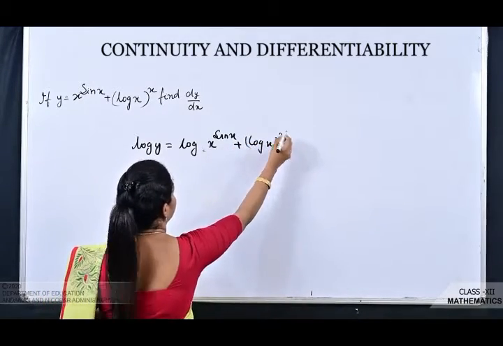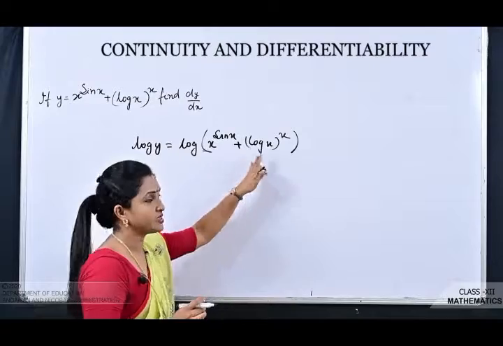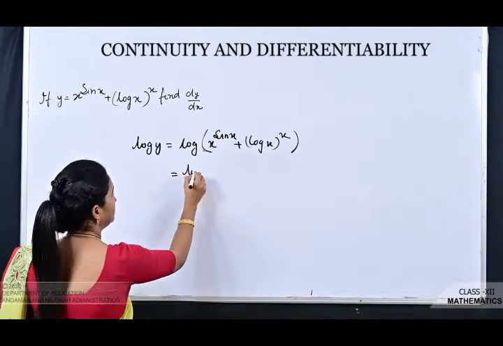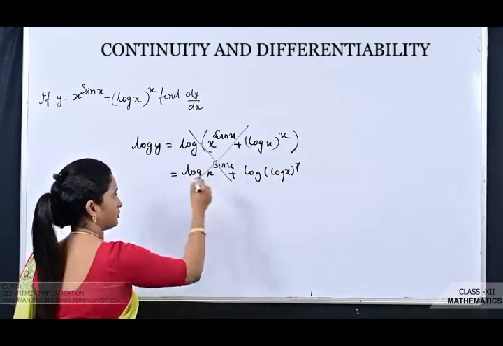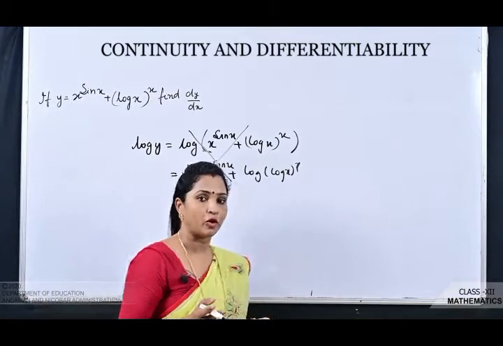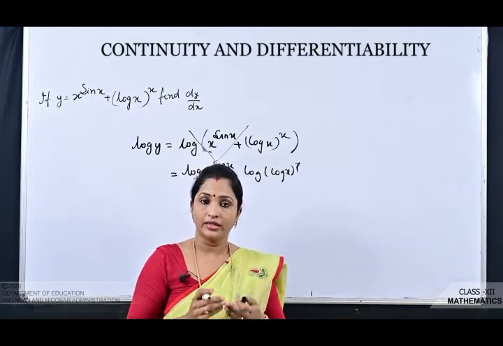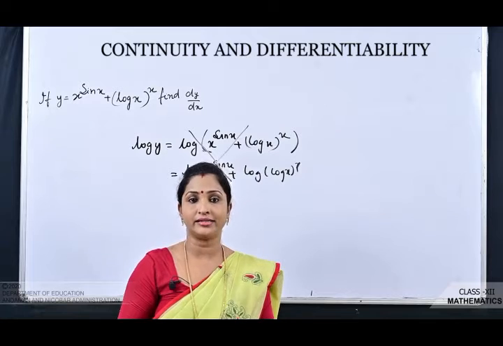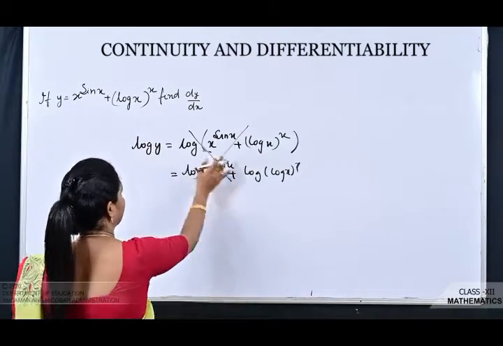Normally children make this mistake, they take log on both sides when they have more than one term, because that is what they have learned. Now if you write it as log x to the power sin x plus log x to the power x, this is wrong. Why? Because if you have two terms, log of a plus b, we don't have any property. We have log of m into n, where we apply the property log m plus log n. But we don't have a property for log of m plus n; you have to add and get the answer, you cannot separate it inside the log or apply any property there. So if you write it like this by taking log on both sides, it will be wrong.